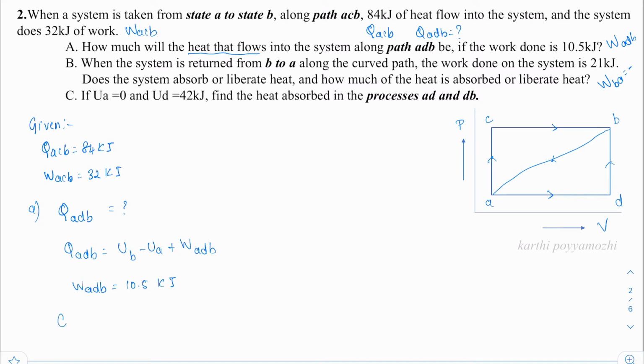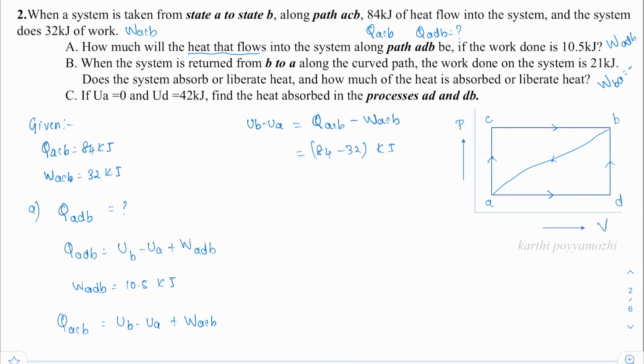That is, Q of ACB is equal to UB minus UA plus W of ACB according to the first law of thermodynamics. And from this, UB minus UA will be equal to Q of ACB minus W of ACB, which is equal to 84 minus 32 kilojoule.